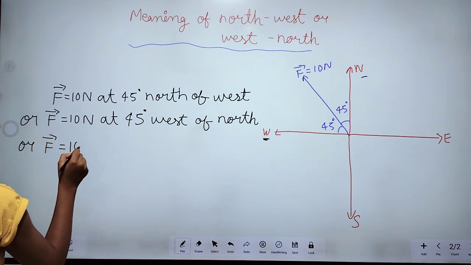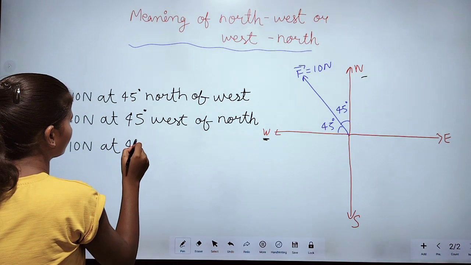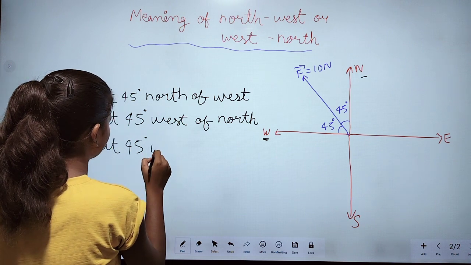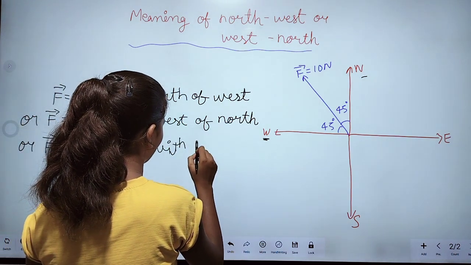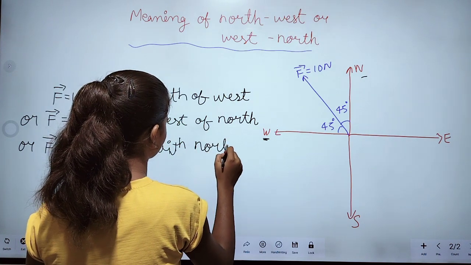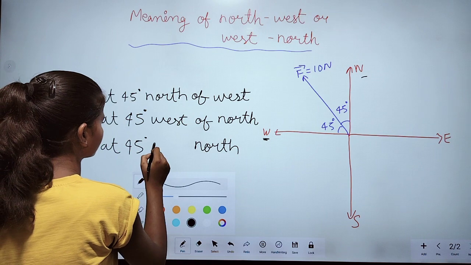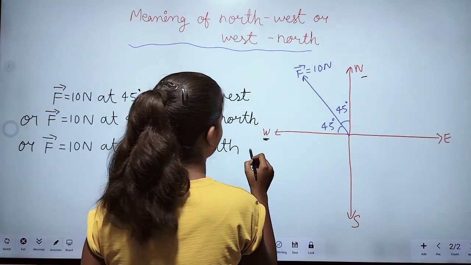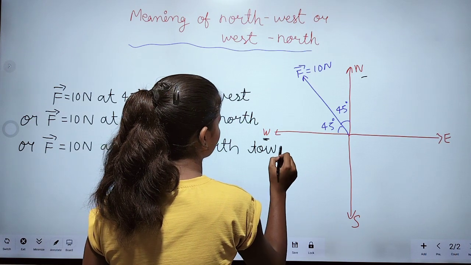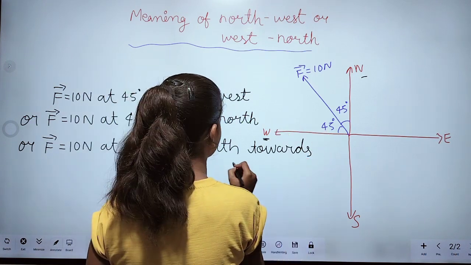Or F vector is equal to 10 Newton at 45 degree with north towards west.